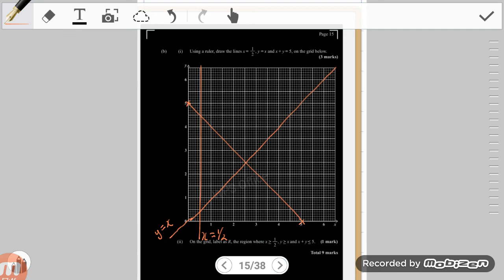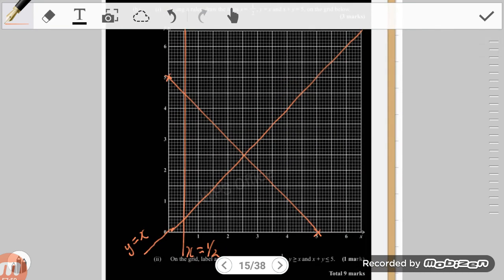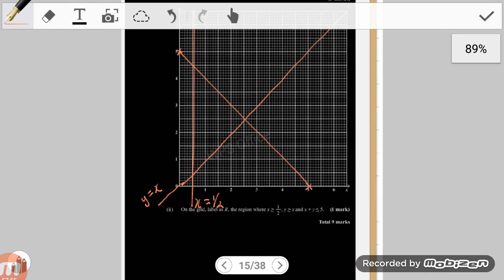Alright, so I've done that to the best of my ability, so you should have something a lot more accurate than I have. Alright, so we have drawn those 3 lines.